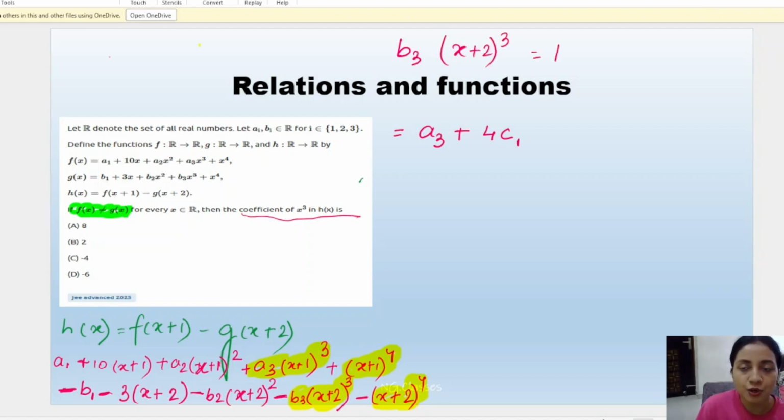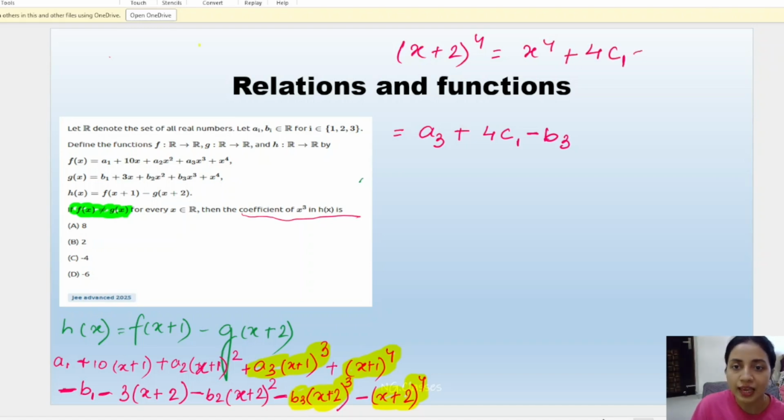If we expand the next one, we'll get b3 x cube, so we'll get just b3, but the minus sign is in front, so we have minus b3. Now the last term, (x+2) to the power 4, again binomial expansion. We'll get x to the power 4 plus 4C1 x to the power 3 and 2 to the power 1. So the coefficient of x cube is 4C1 times 2 to the power 1, but here we have a minus sign in front, so it will be negative.